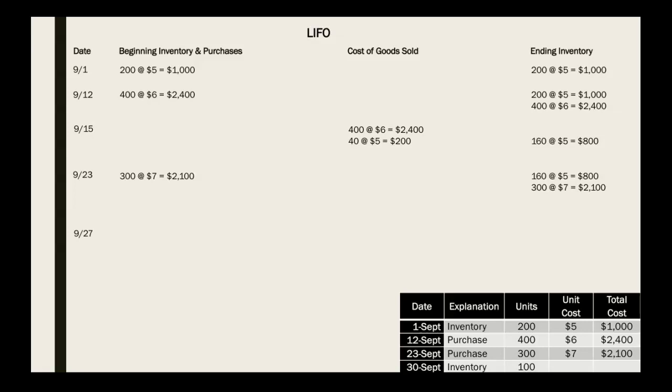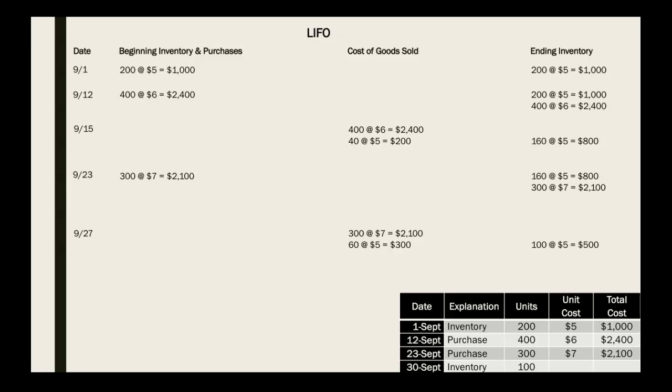So under LIFO, the first ones that we're going to sell are the last ones that came in. Well, the last ones that came in were those 300 at $7. So we're going to sell all 300 at $7. And since the order was for 360 units, we still have to sell an additional 60.